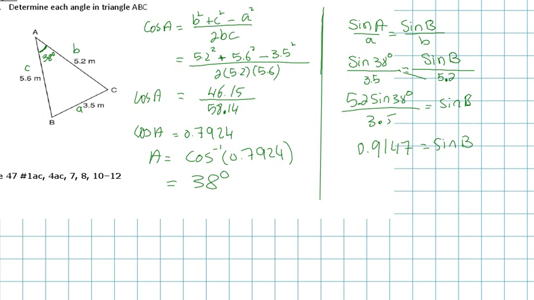So on the calculator, you should do shift, sine, this. What do you get when you do that? And it's bigger than angle A, right?